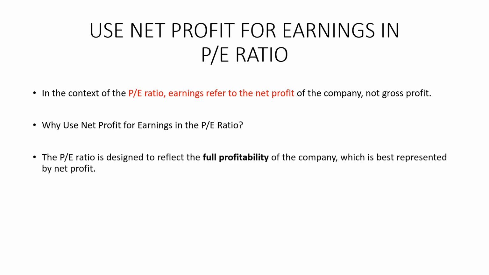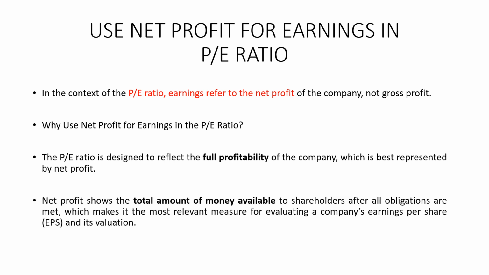This is because the PE ratio is designed to reflect the full profitability of the company, which is best represented by net profit and not gross profit. Net profit shows the total amount of money available to shareholders after all the obligations are met, which makes it the most relevant measure for evaluating a company's earnings per share and its valuation. Okay, great.